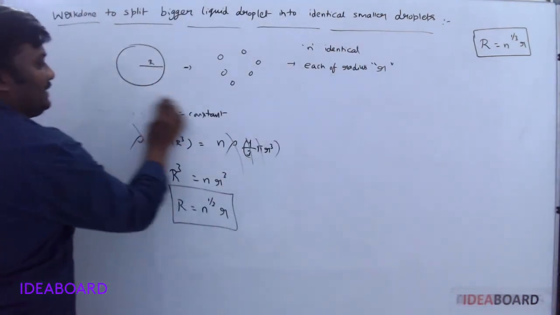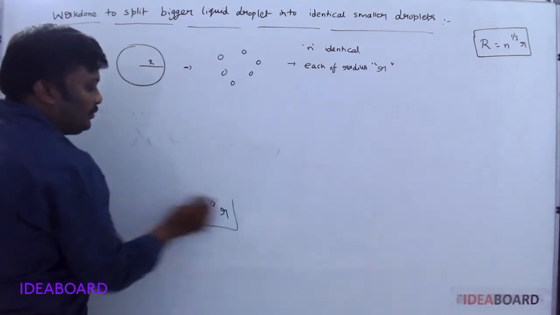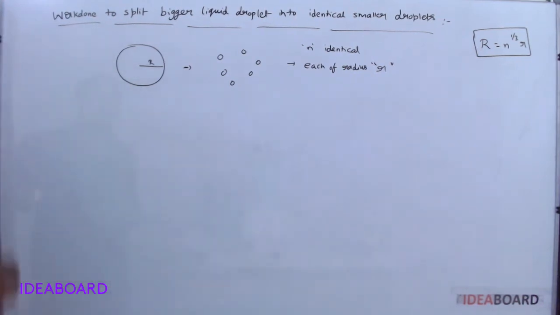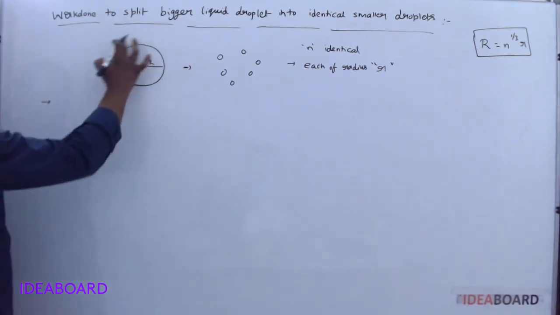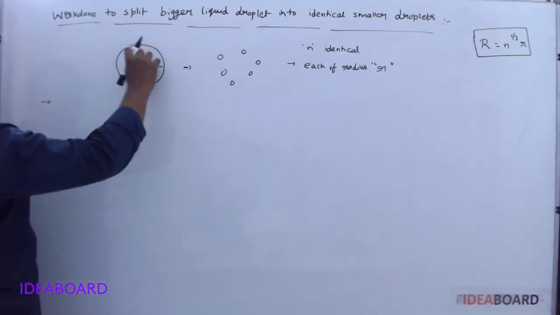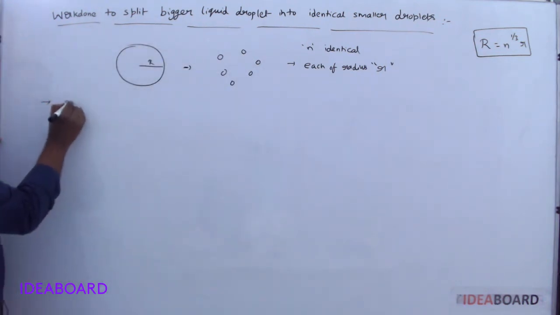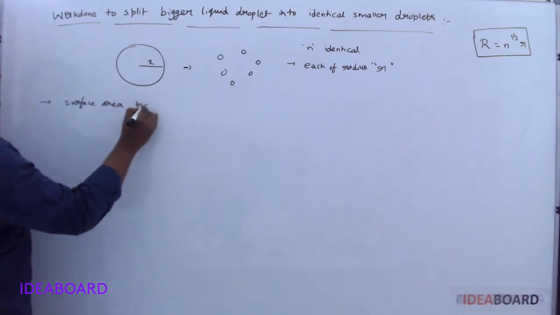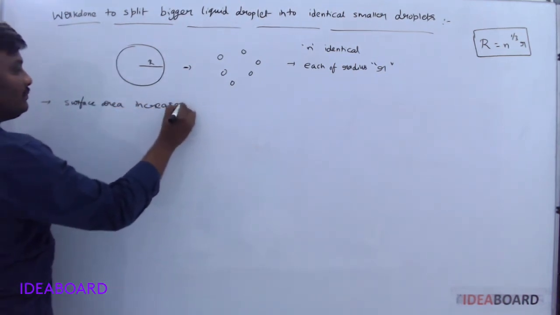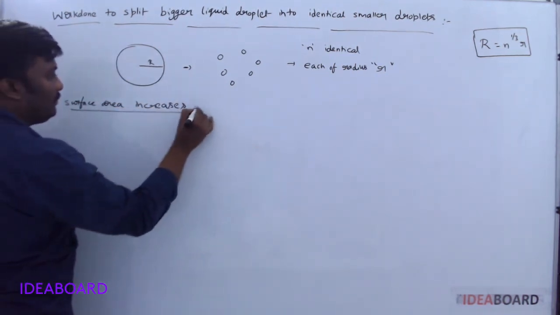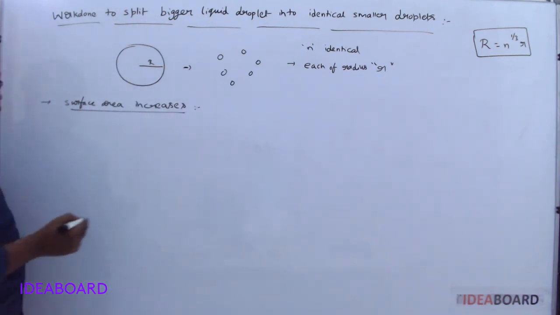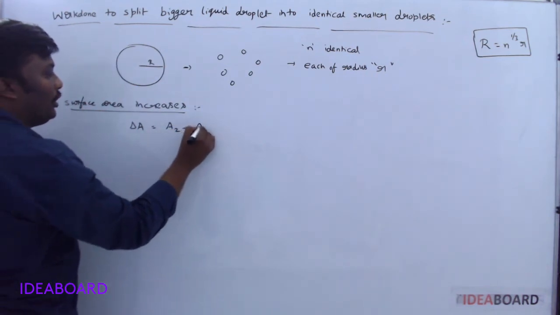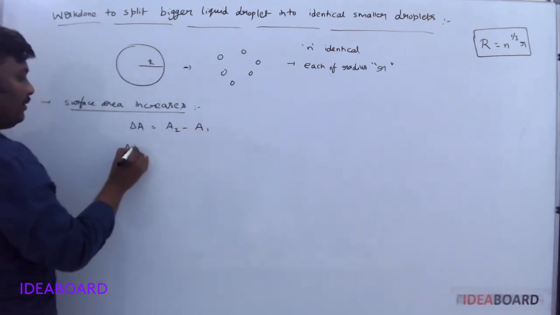Now, let us discuss what happens to the surface area. If a bigger droplet splits into smaller droplets, the surface area increases. How much? Delta A is equal to A2 minus A1.